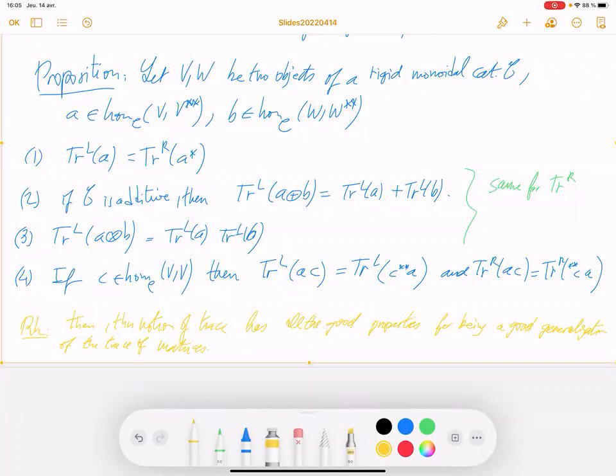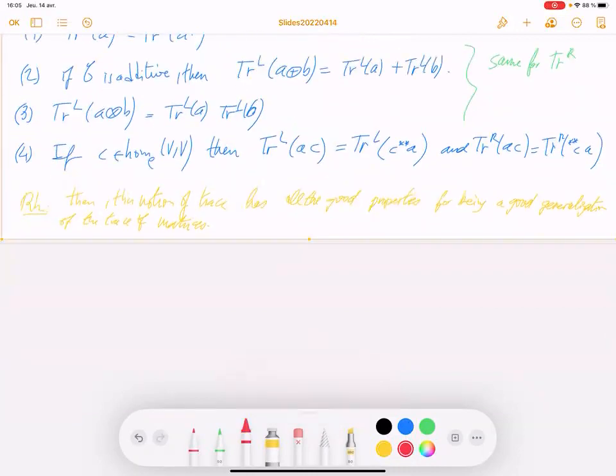In fact, you can make a category in which this trace is exactly the trace of a matrix. But anyway, so pause.